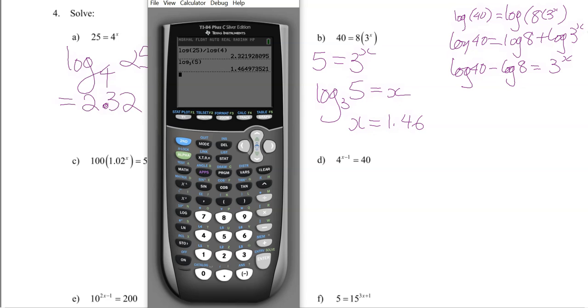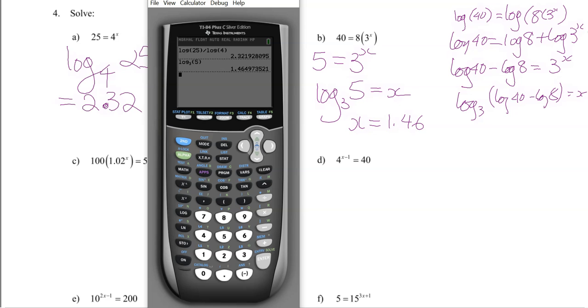And then you would go into logarithmic form. Remember, you're never doing this, so if you write this down, you can cross it off, or just put an extra note and say, don't do this. So we would say log base 3 of this, log 40 minus log 8, is equal to x.